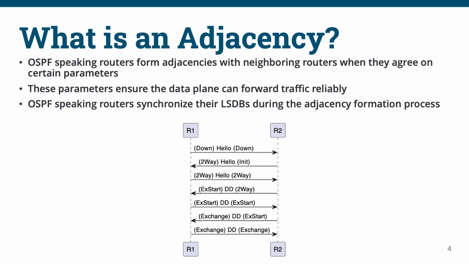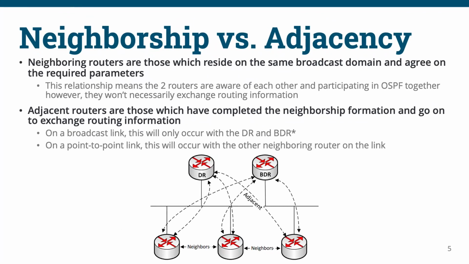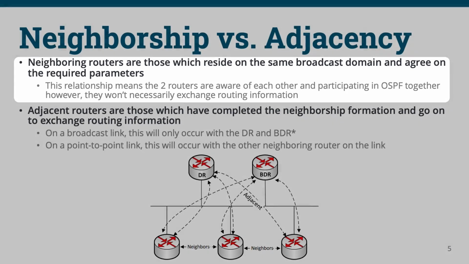Now that we understand the process an OSPF speaking router goes through to form an adjacency, I want to circle back a bit to the difference between a neighboring router and an adjacent router, and briefly touch on where that difference would appear. As we mentioned at the beginning of this lesson, a neighboring router is one which resides on the same subnet or broadcast domain and speaks OSPF.